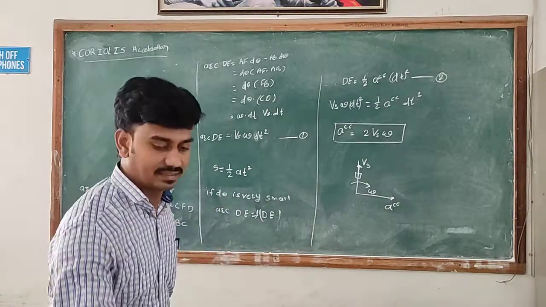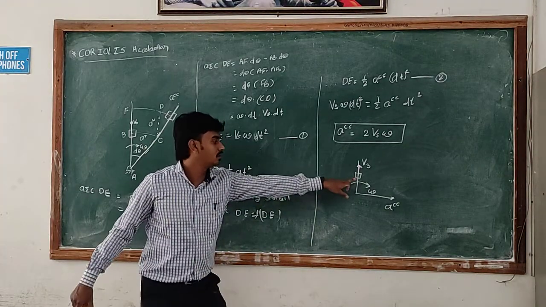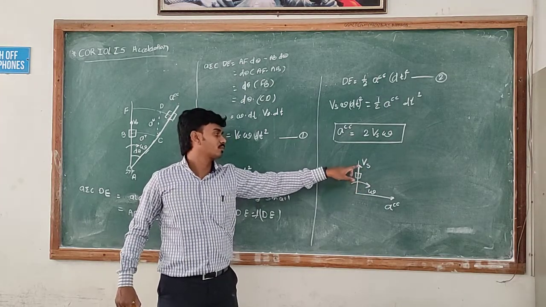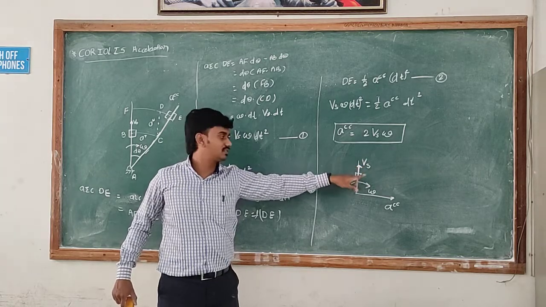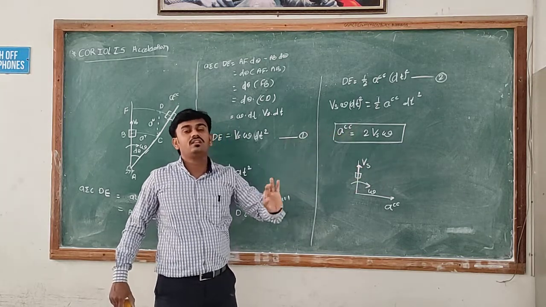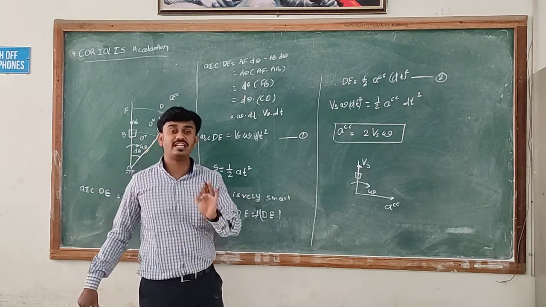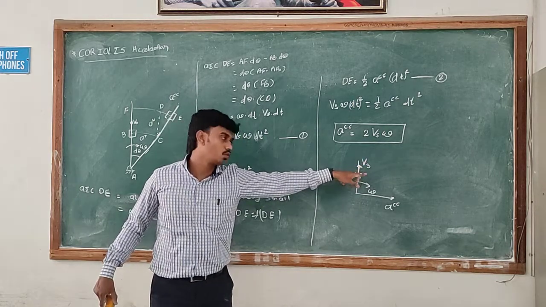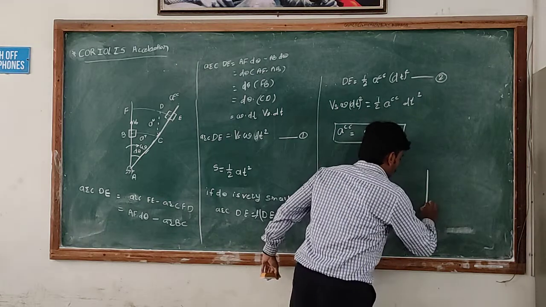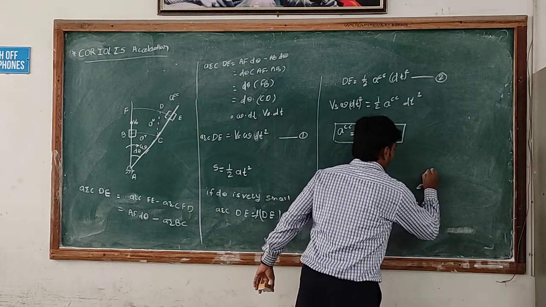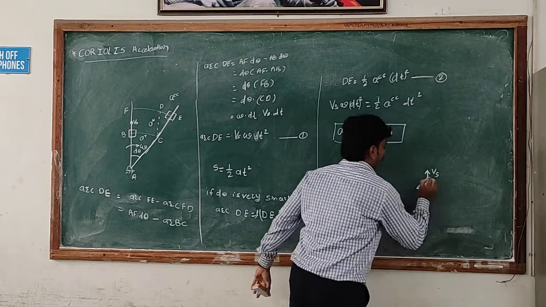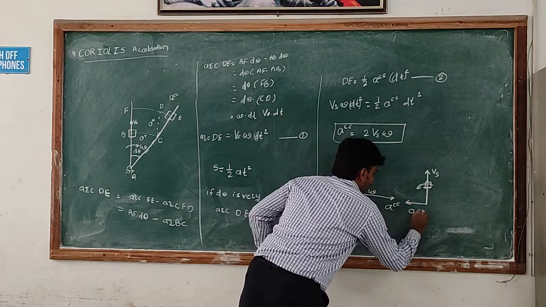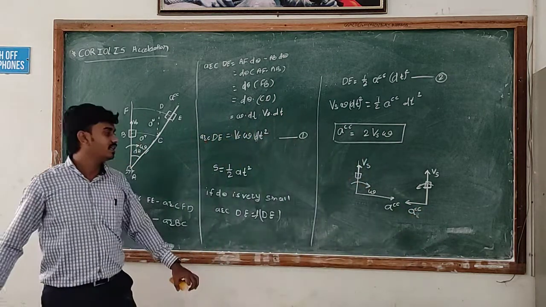When the link is rotating in a clockwise direction and the sliding velocity of the slider is outward, then the direction of the Coriolis component of acceleration is 90 degrees to the link and in the direction of the rotation of the link. Suppose this link is rotating in this direction and this is the direction of Vs. In this case, the Coriolis component of the acceleration is in this direction, that is ACC.